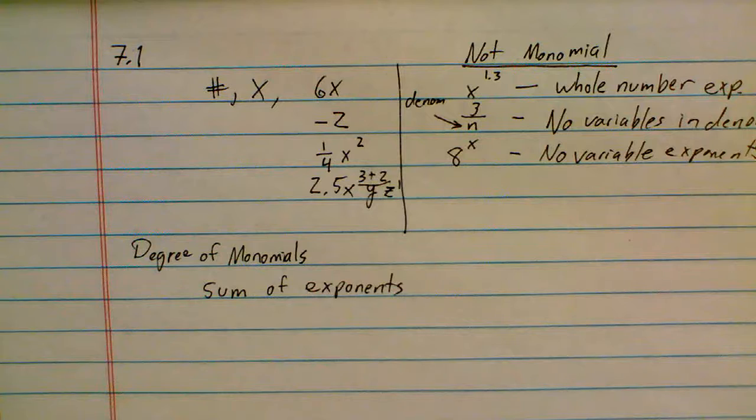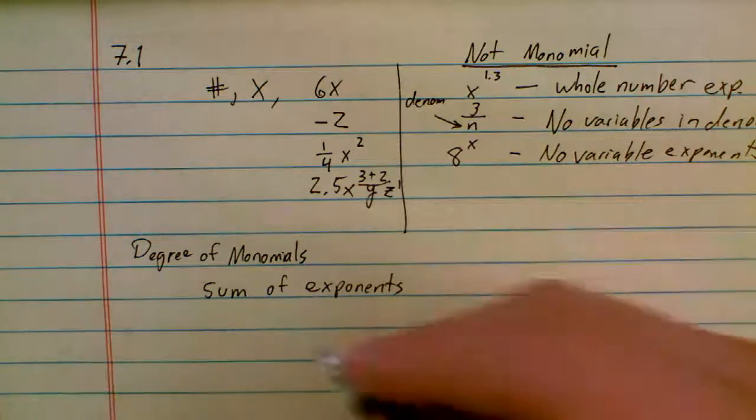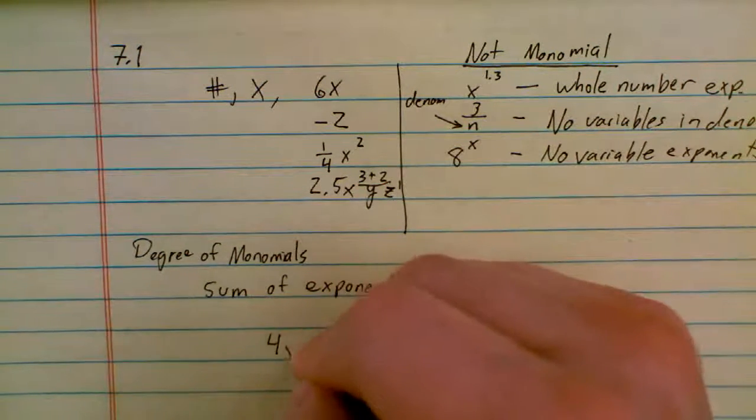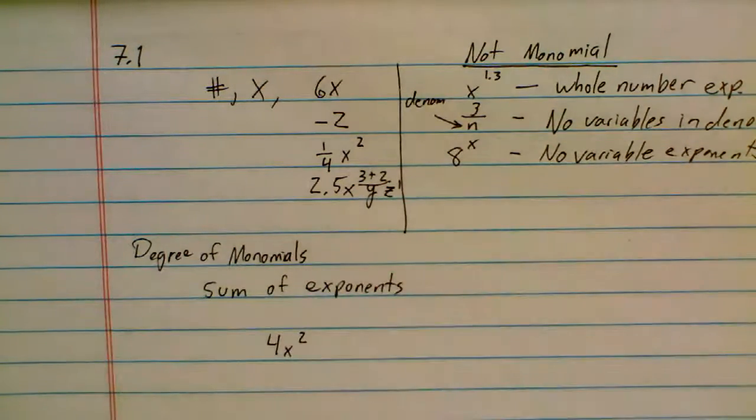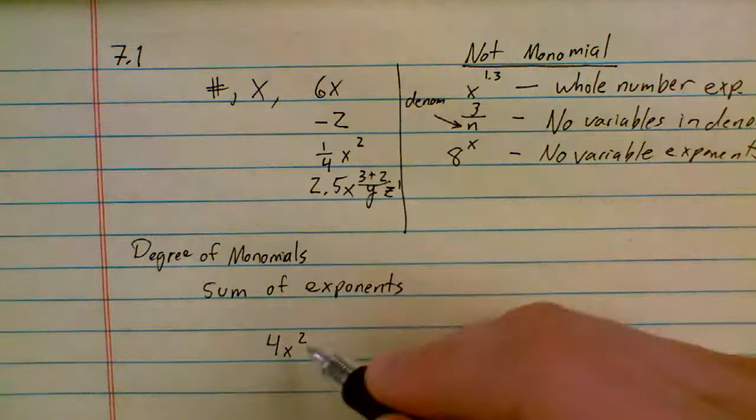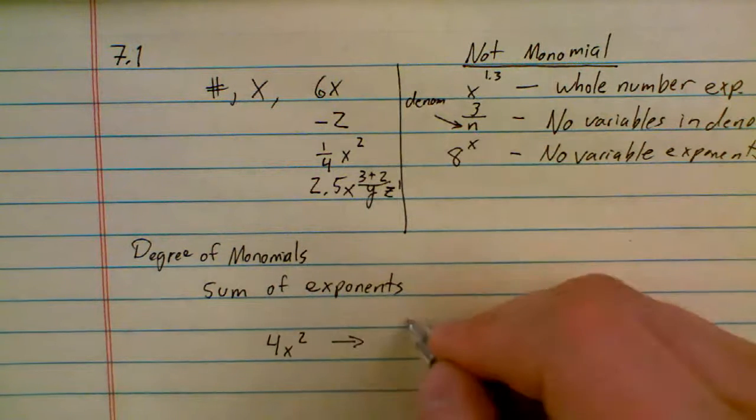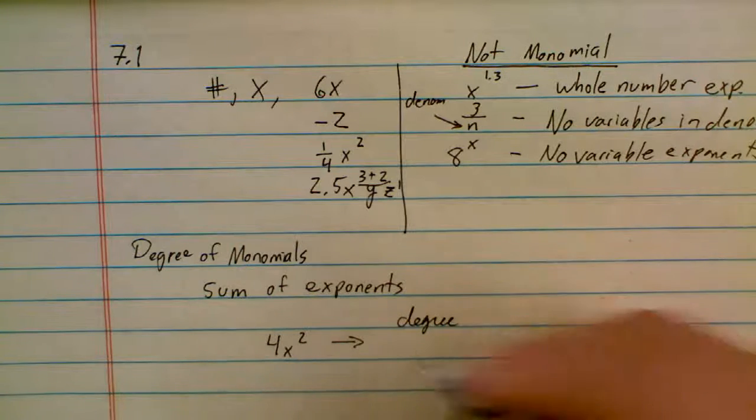So if we look at this, we'll start off with, let's say, 4x squared. If we add up all the exponents, we have just this one. So the degree is 2.